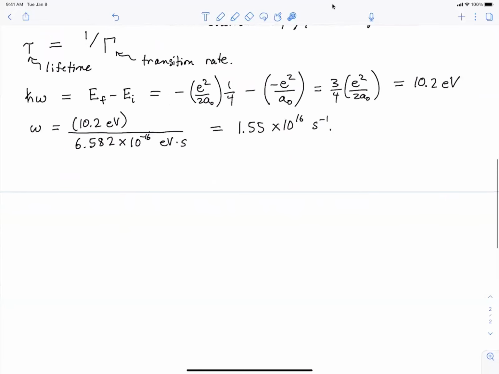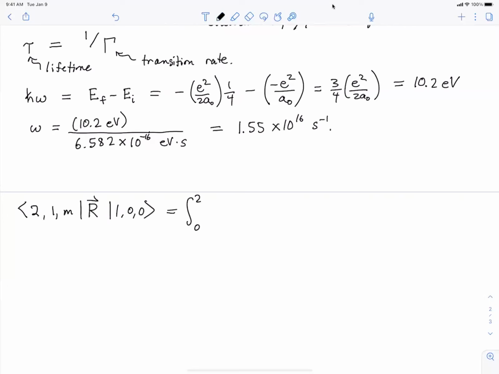All right, so let's write down that vector matrix element. So we have 2, 1, m, vector position operator, 1, 0, 0. We're going to do this in position space. So we're going to write this in spherical coordinates.